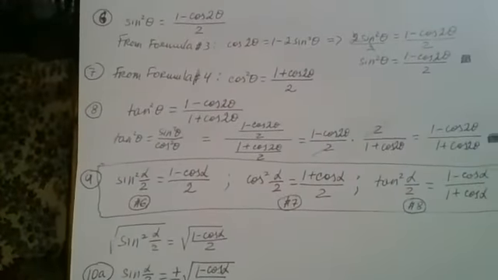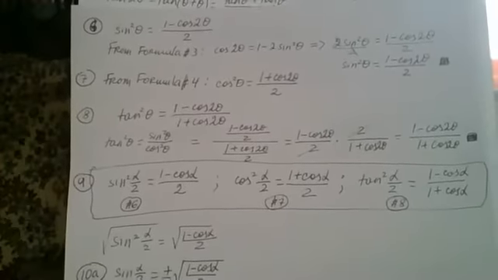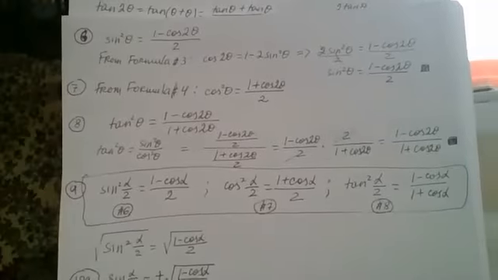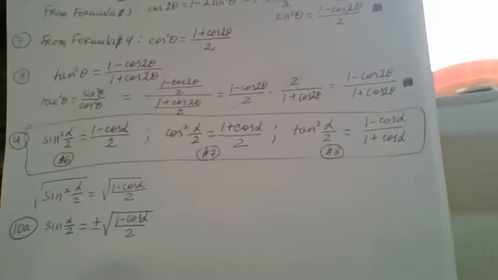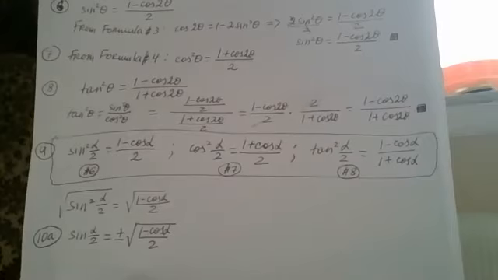But I would like to just copy formulas 10b and 10c, not showing the proof because it should be done absolutely in the same way.